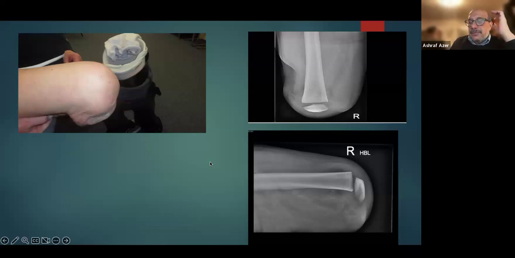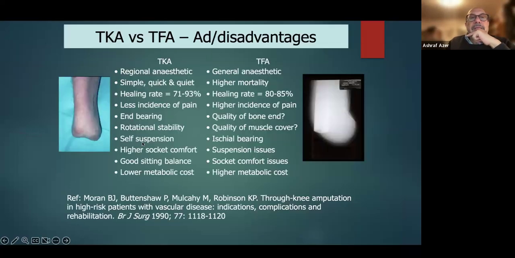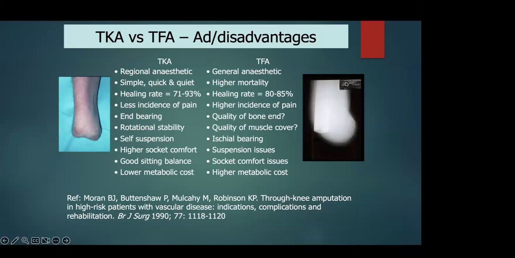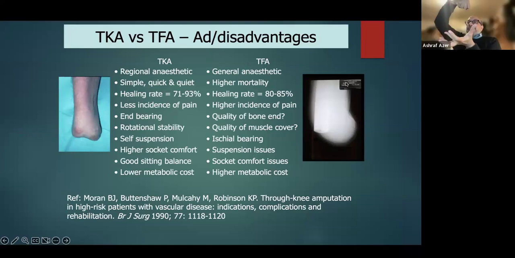What is a good thing about the Syme's? It is end bearing, not ischial bearing. Do you remember? What do you mean by end bearing? End bearing means this is a socket and this is the end of the bone. It will move with you.